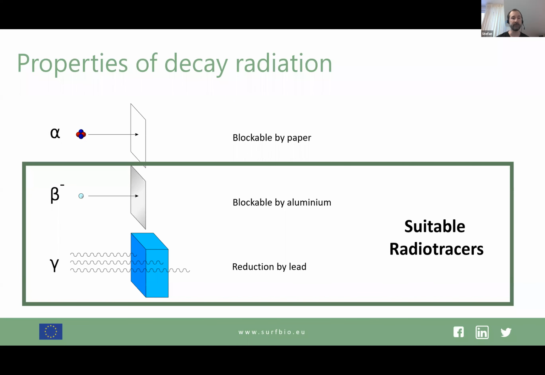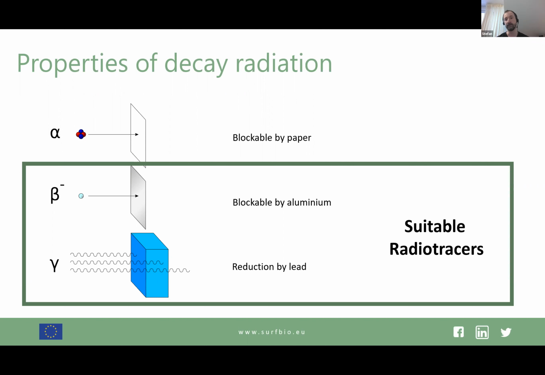And in principle, what you want is some gamma radiation or X-ray radiation coming out of your sample that is not so much affected by the sample itself or by the container that you have it in, so that you can easily detect the radiation.